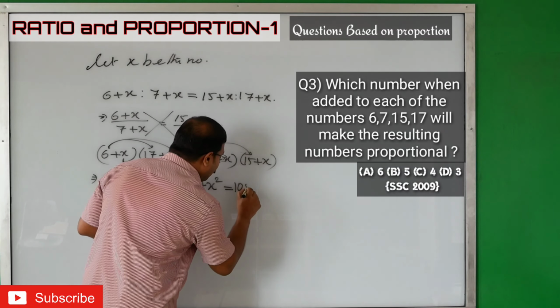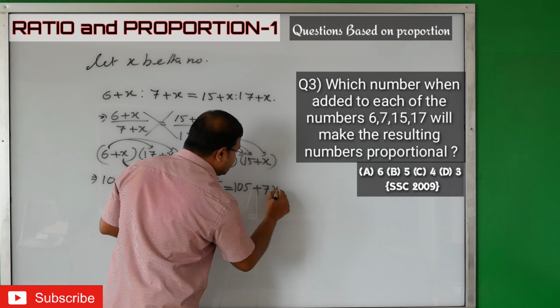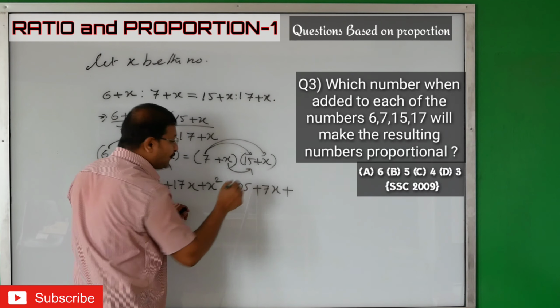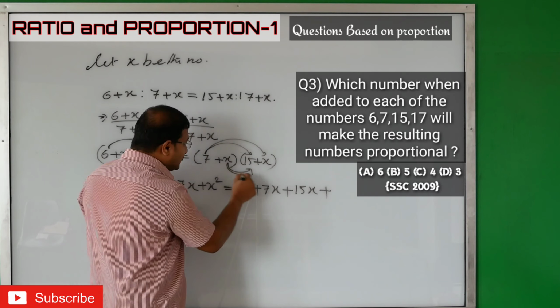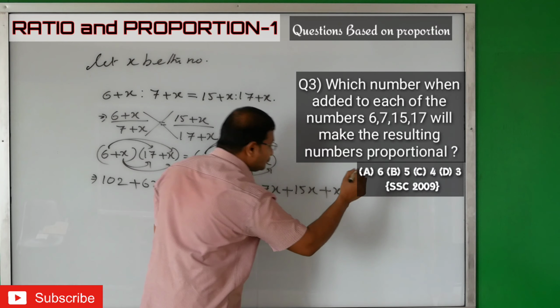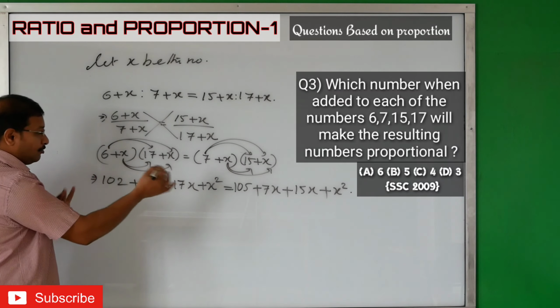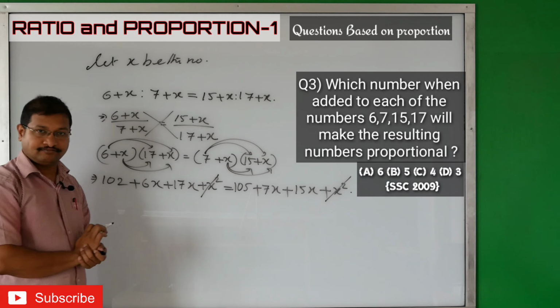That is 105 plus 7 into x, that is 7x plus x into 15, that is 15x plus x into x, x square. Both sides, right and left, x square will cancel.